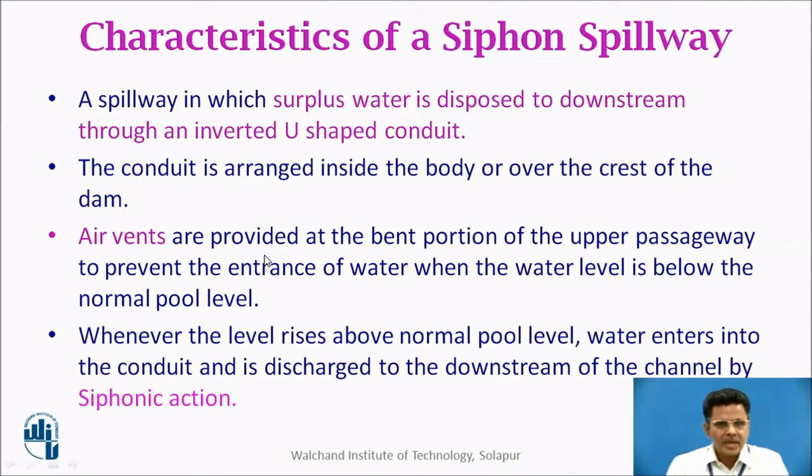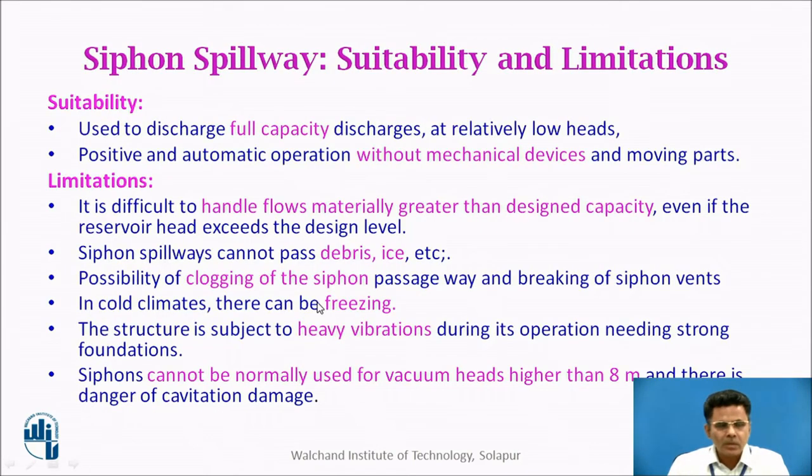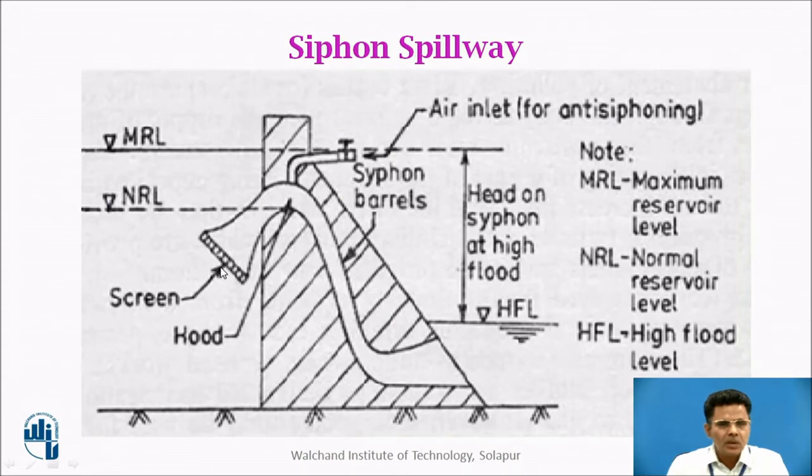Air vents are provided at the bent portion of the upper passageway to prevent the entrance of water when the water level is below the normal pool level. Means what? If you see this, this is a dam, this is upstream, screens are provided, hood is provided, and this is a siphon. This is the normal reservoir level, this is the maximum reservoir level, water will pass through this.